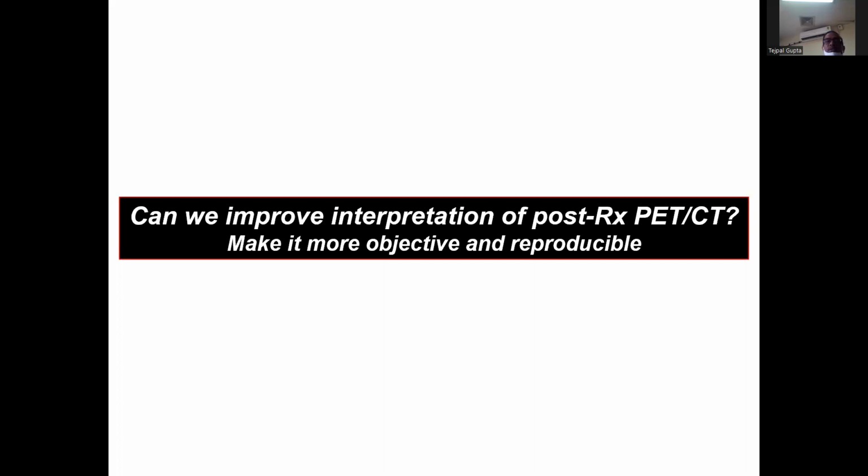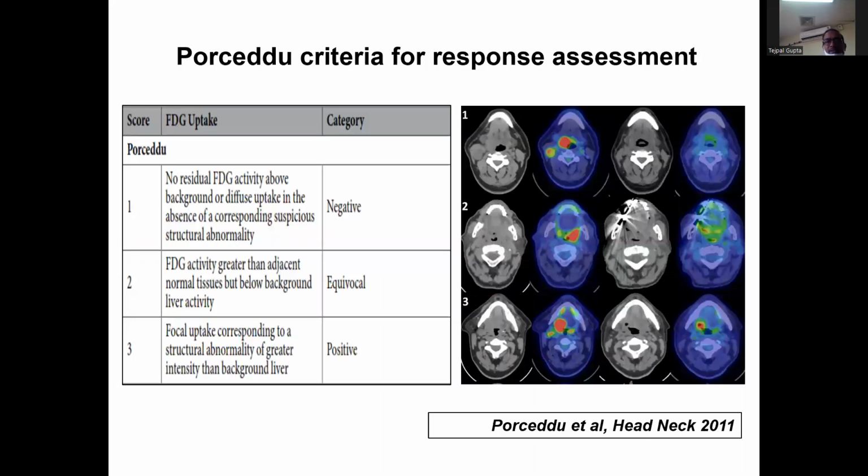So can we improve the interpretation of the post-treatment FDG PET CT and make it more objective and reproducible? Several criteria have been proposed for that. This was one of the initial attempts. Sandro Porceddu from the Australian group proposed a simple criteria, either negative, equivocal or positive.